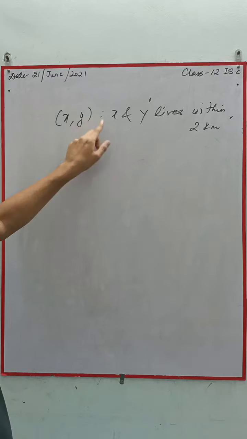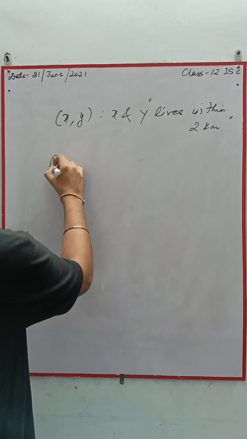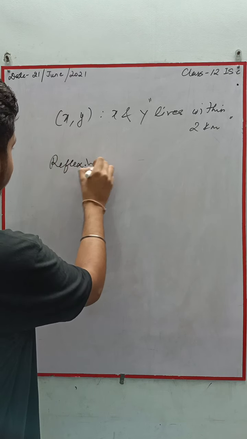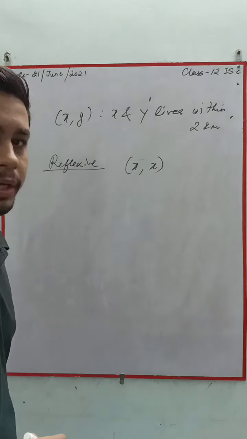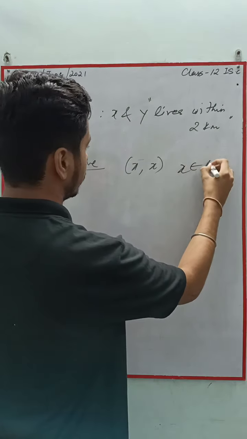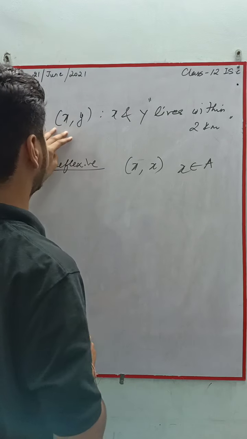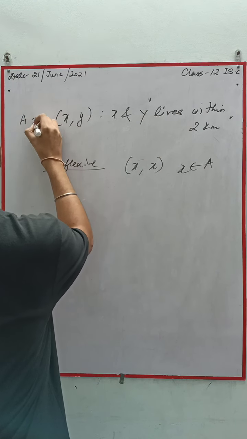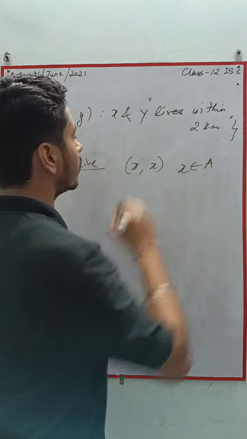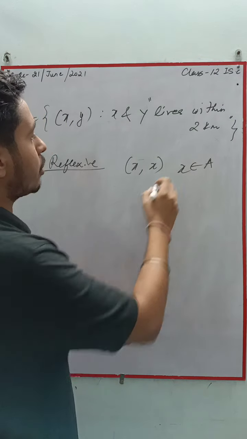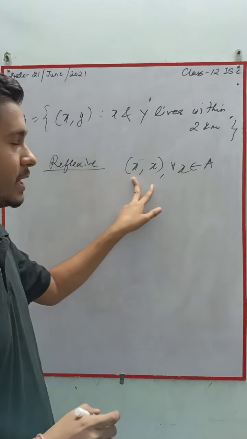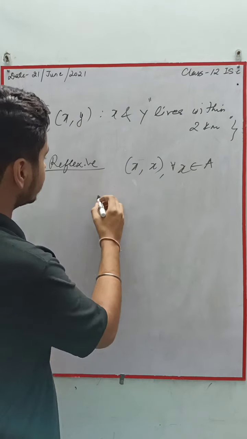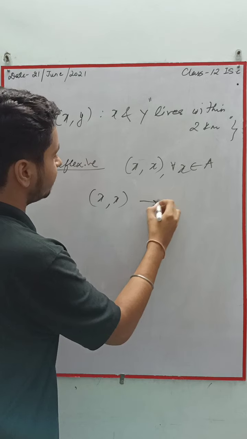Okay, so here x and y. If we talk about reflexive, we definitely need to take x and x, where x belongs to our set A, if we are taking this as set A. For all x belongs to the set A, x and x will be a reflexive one.